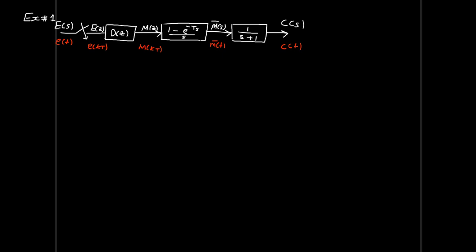As we said, this is a digital filter. And this is the zero order hold, and this one is the plant, let's call it GP of S. Now this is a sampler, and if you recall, this is a representation for the analog to digital converter.